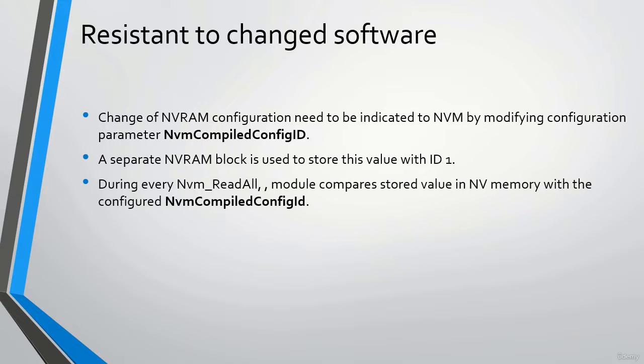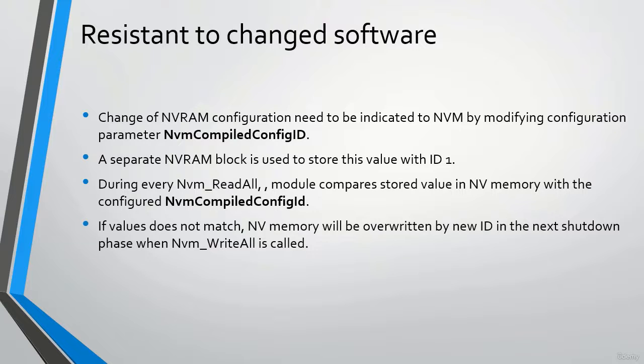During every NVM read all, the module compares the stored value in NV memory with the value that is configured in NVM compiled config ID. Once this read all operation happens, we will do this comparison.